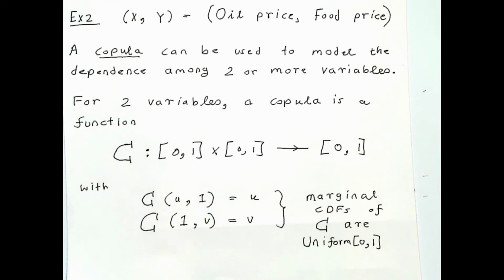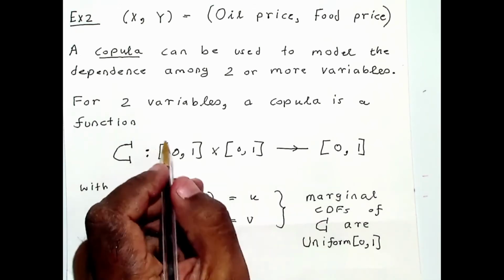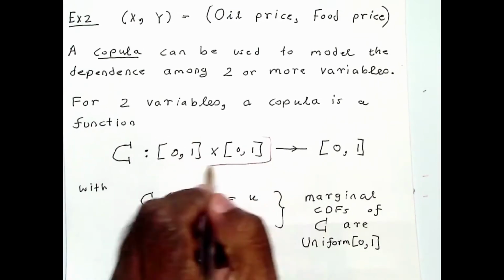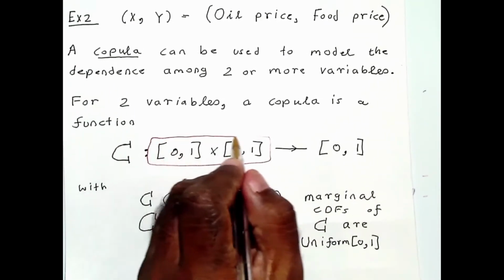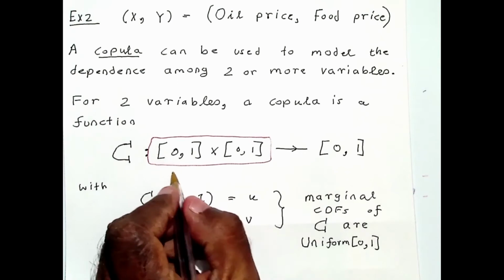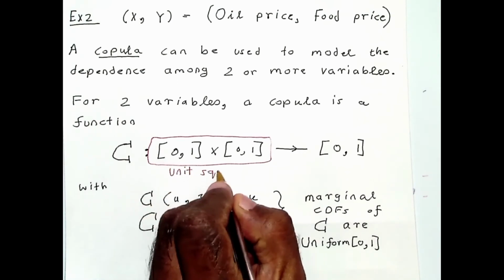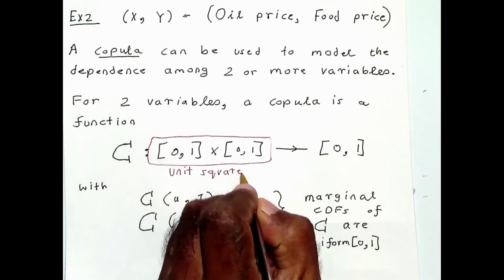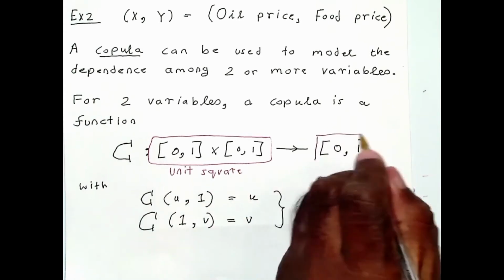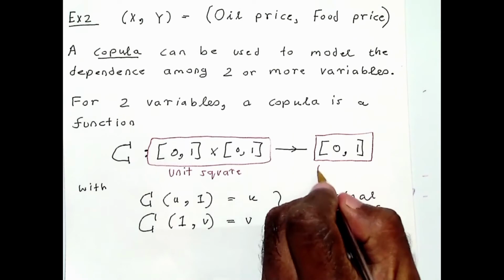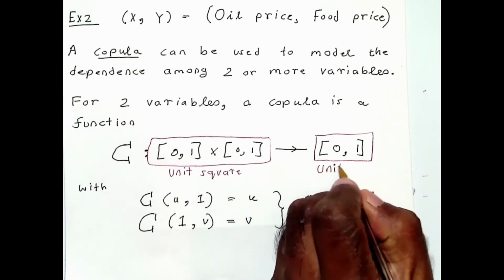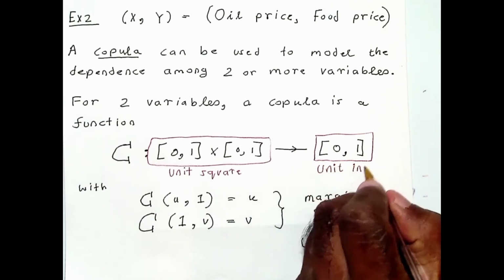Now, before I go ahead, let me just highlight a few things. This thing here is the unit square. I'm sure you know this. And this is the unit interval.